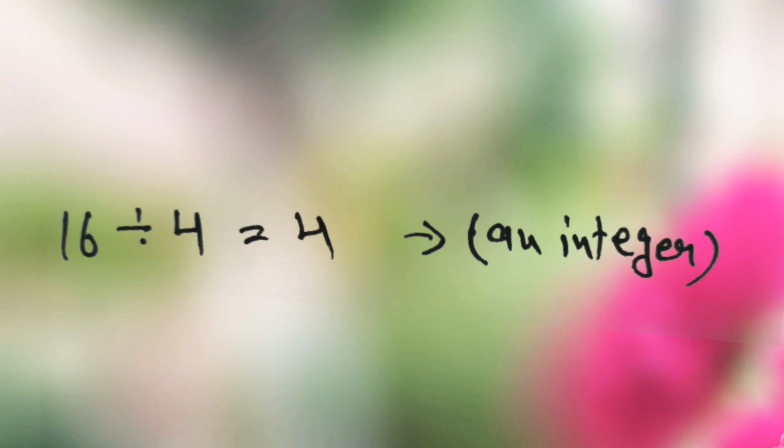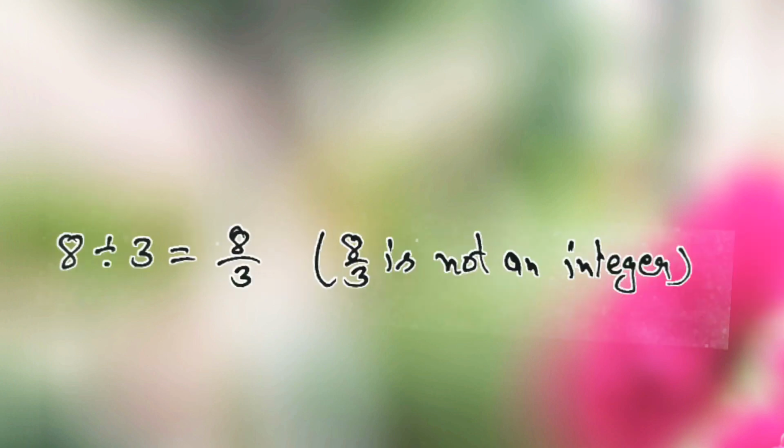And on the other hand, if you have taken number 8, divide it with 3. What will be the answer? 8 by 3, because it will not cancel out. So 8 by 3 is not an integer. So this property does not hold good. Closure property of division does not hold good.